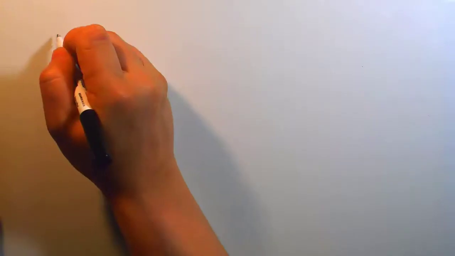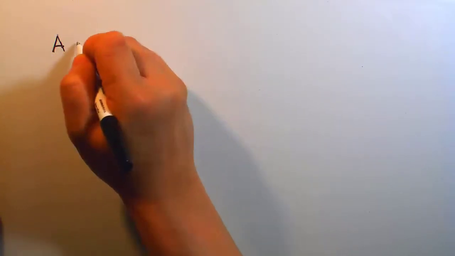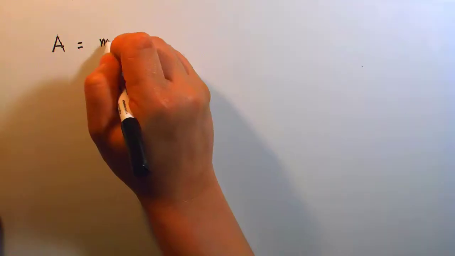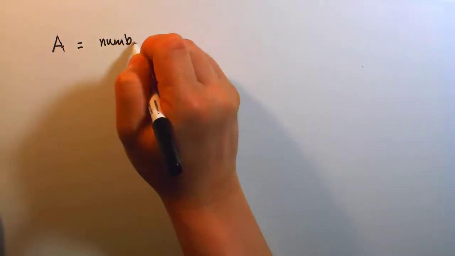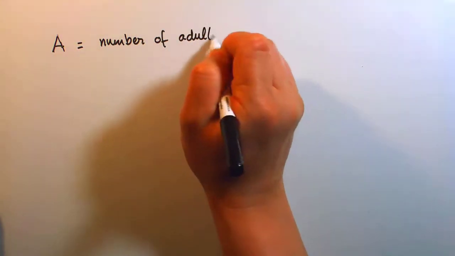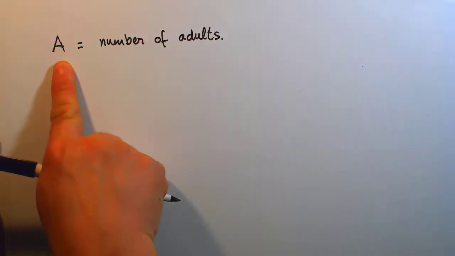Now I'm going to name them. How about capital A being the variable to represent the number of adults? Naming the variable is just a choice; anyone can make a different choice.